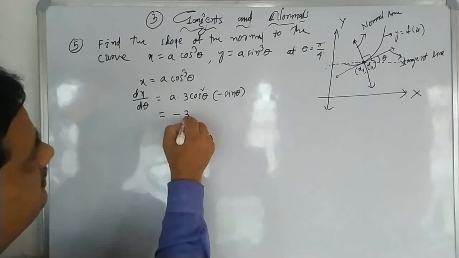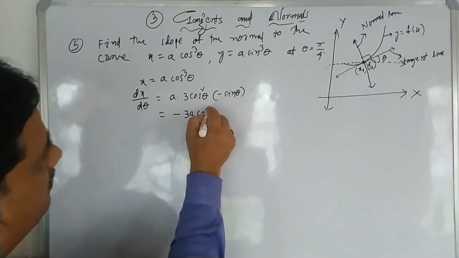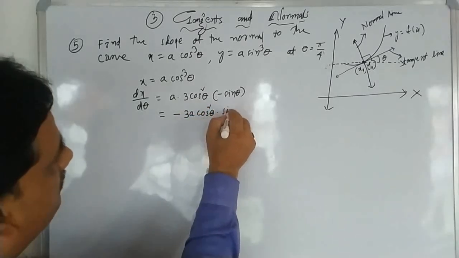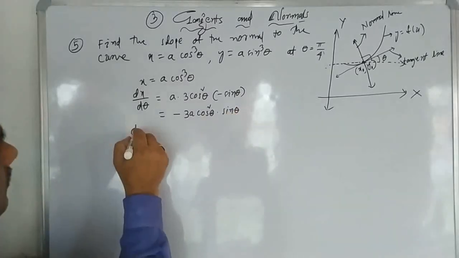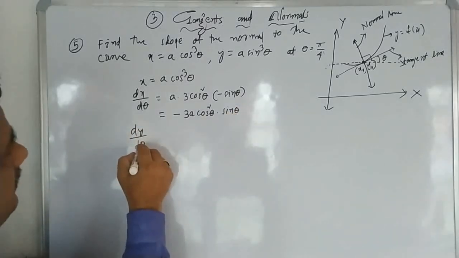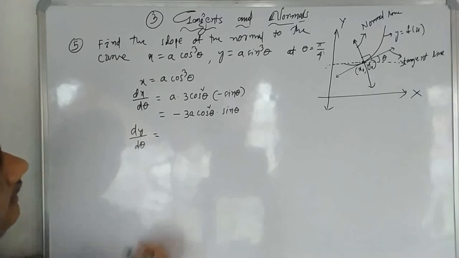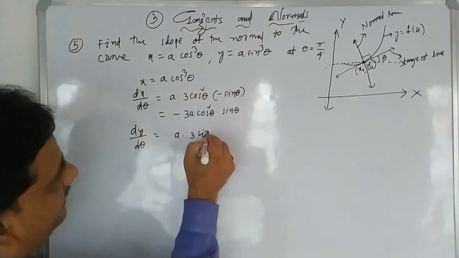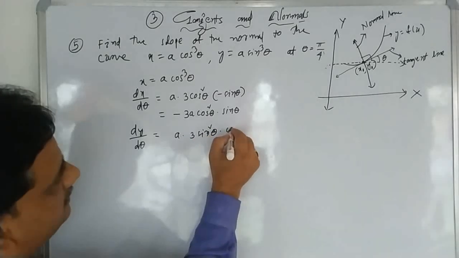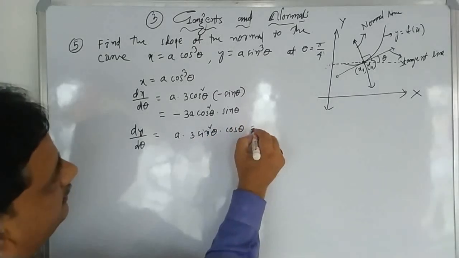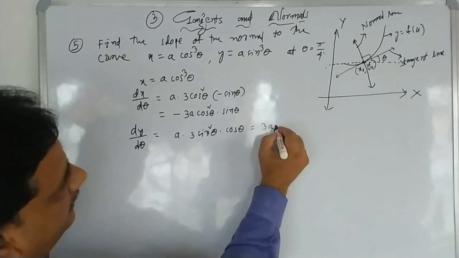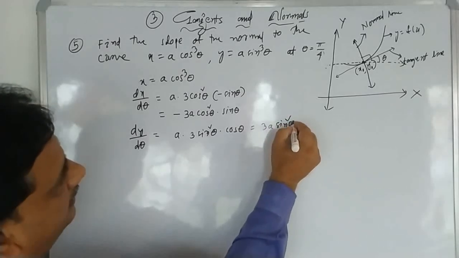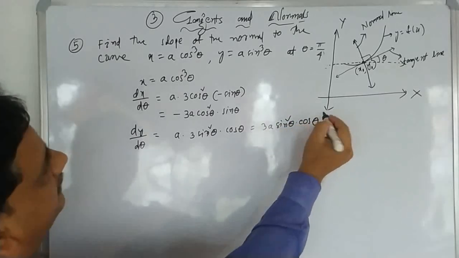So it is minus 3a cos square theta into sin theta. Now dy by d theta is a into 3 sin square theta with respect to sin theta, which is cos theta. Hence it will be 3a sin square theta into cos theta.